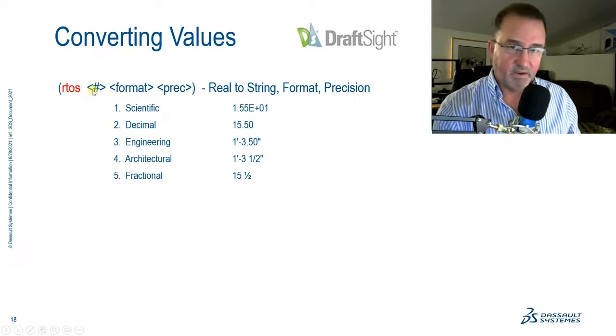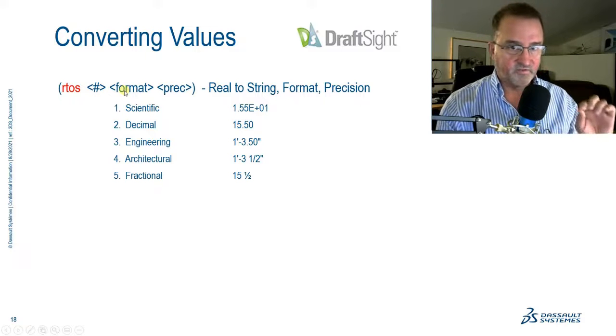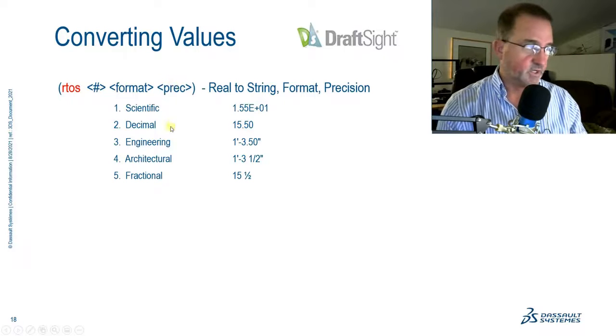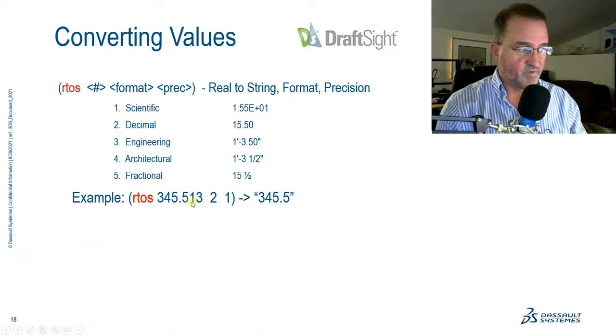And we first supply the number, the real number. We identify what is the format, the option here is what format are we going to use, and what's the precision. So if, as an example, I have a number 345.513, I can say, convert this real number to a string, use a decimal format, and then give me one place decimal.